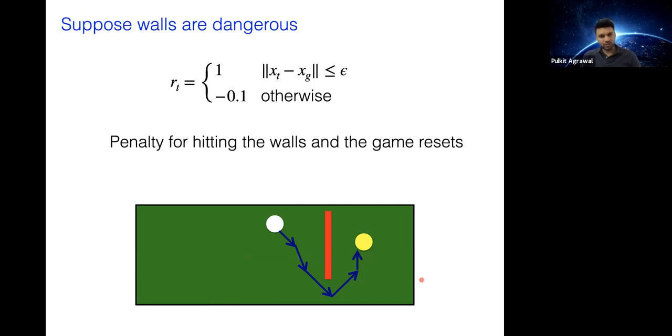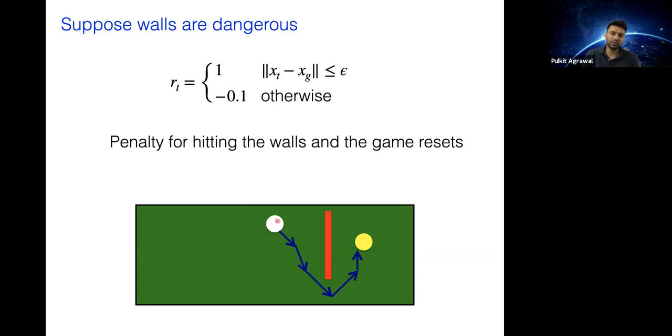So this trajectory is not a good one under this incentive structure. Now let's assume that we have this particular reward structure, but we also want to encourage the agent to not hit the walls without us defining a very good distance metric.